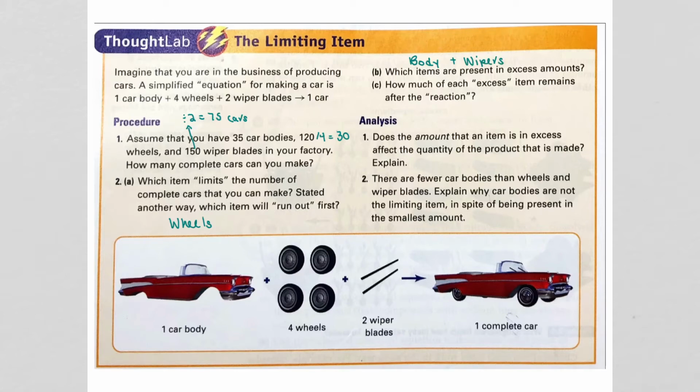And how much of each excess item remains after the reaction? In the bodies, we could have made 35. We can only make 30 cars, so there's going to be 5 bodies left over. And 75 minus 30, we'll have 45 pairs of blades.